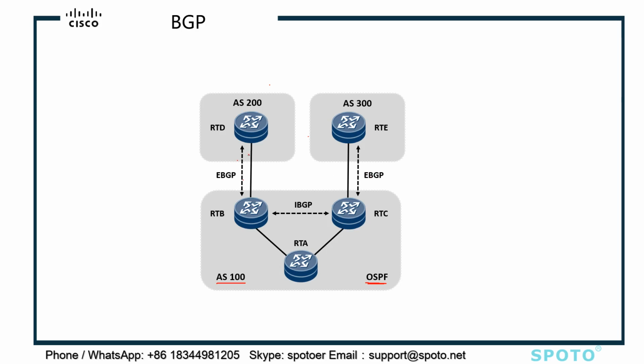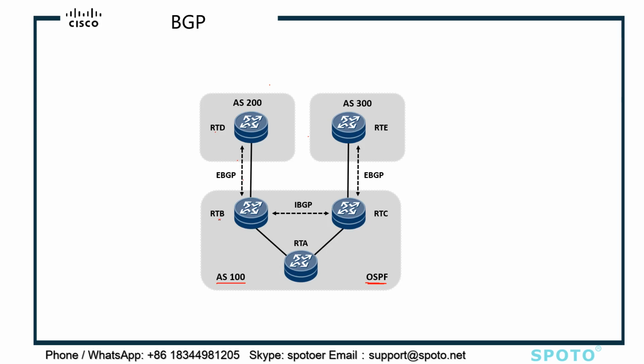Also, for the different protocols, if we want to use them, at first we need to establish the neighbor relationship between different routers, such as OSPF and ISIS, and BGP is the same. In BGP, we have two different neighbor relationships. The first one is EBGP. We can see here between RTD and RTB, if they are in different AS, they will establish the EBGP neighbor relationship.